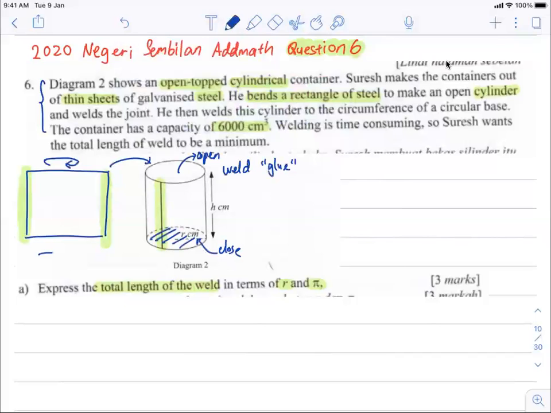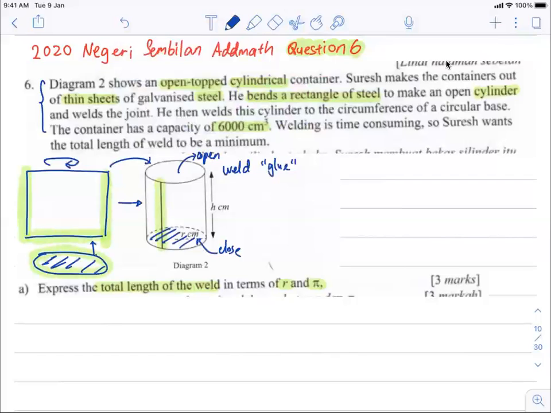So we need another sheet, a circle, another sheet of metal to stick below. So we also need to weld the bottom side to join the two. This bottom side needs to be glued with this part. Then we'll get our cylinder.